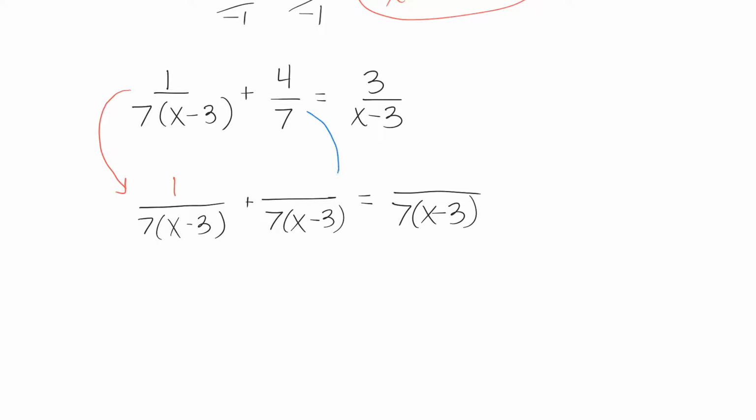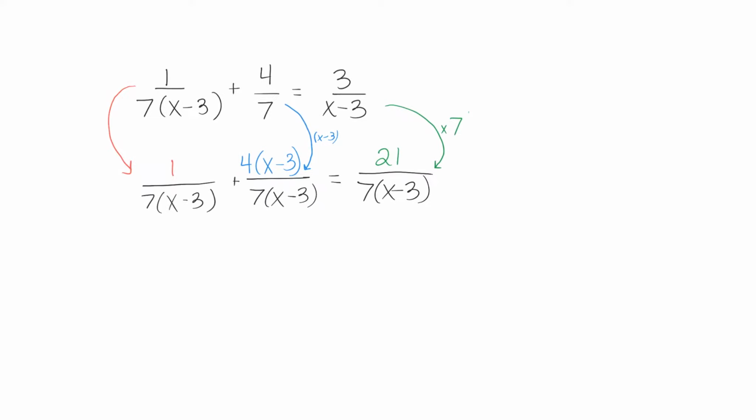In the next one, 7 multiplied by x minus 3, right? So I'm going to multiply my 4 times x minus 3. In the last one, what do we need to multiply by? We need to multiply by 7. So 3 times 7 is 21. Okay, that's the first step, common denominators.